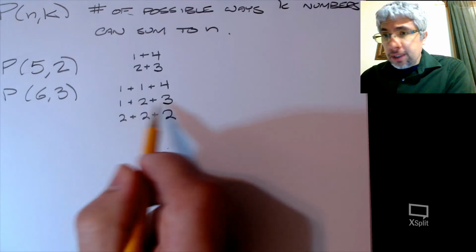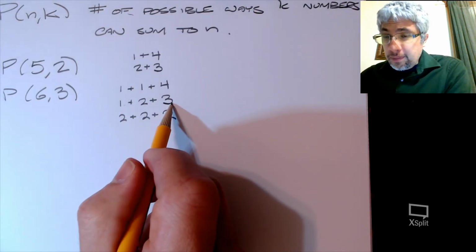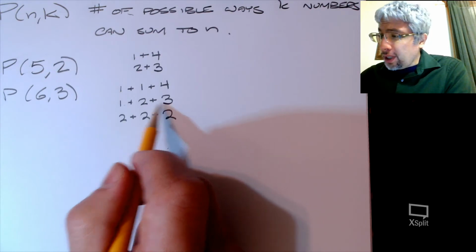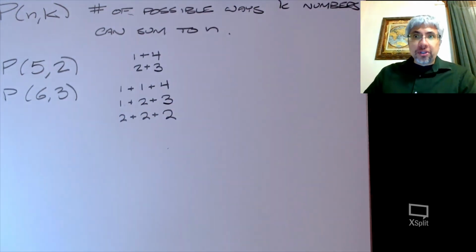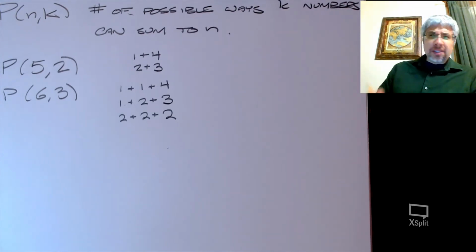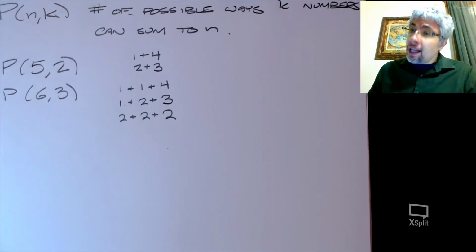But if I'm listing them in increasing order, I can't go 1 plus 3 plus something, because the other thing would be 2, and I already have 1 plus 2 plus 3. So listing them in increasing, or at least non-decreasing order, increasing but not strictly increasing, that's a nice way to put it. Listing them in that order helps me not accidentally double count things.